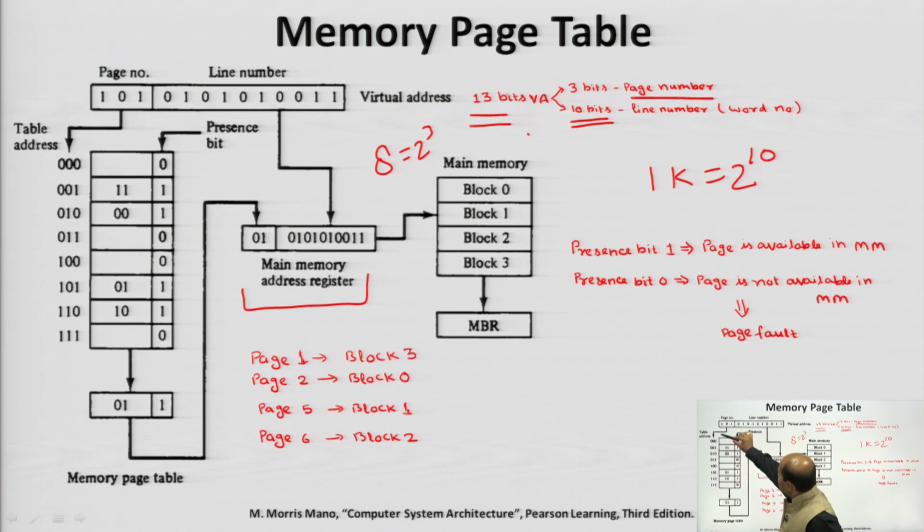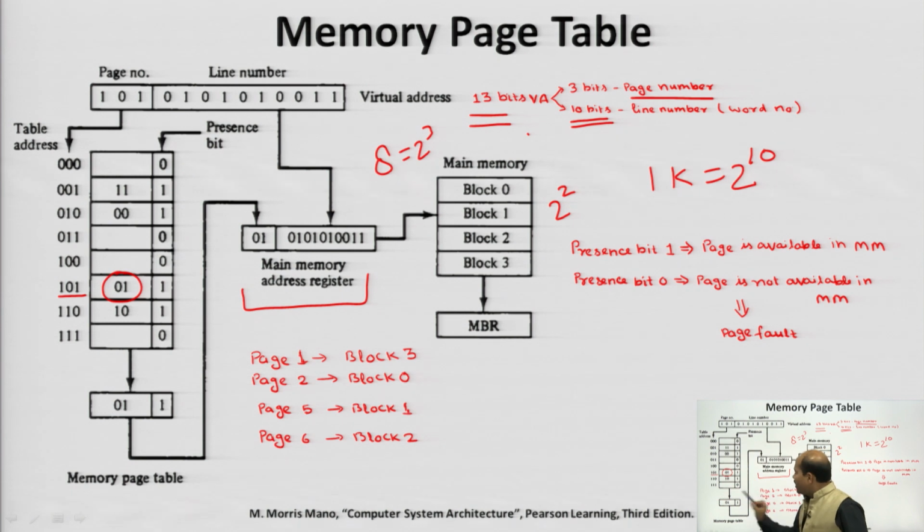Here 3 bits are given for page number, and as we have said there are 4 blocks, only 2 bits are required to map these blocks. So 3 bits of page number will be given to this page table, and corresponding to the entry of a particular page, the block number will be issued. For example, 101 page number is given here, and corresponding to this page number, block number 01 will be issued by this page table.